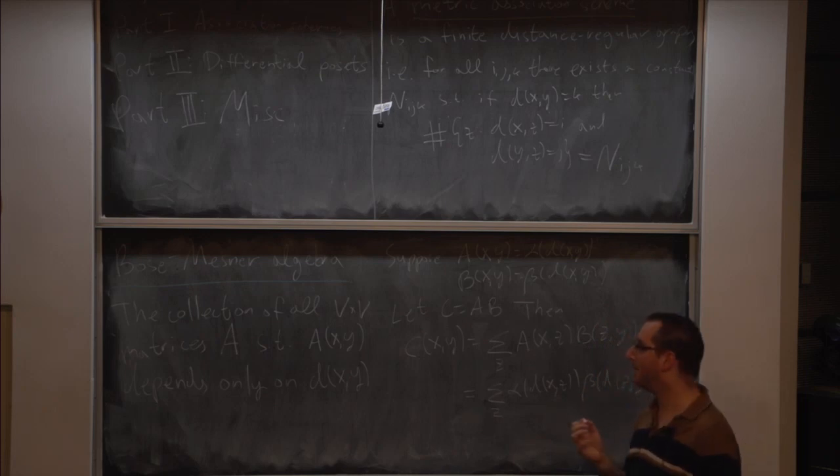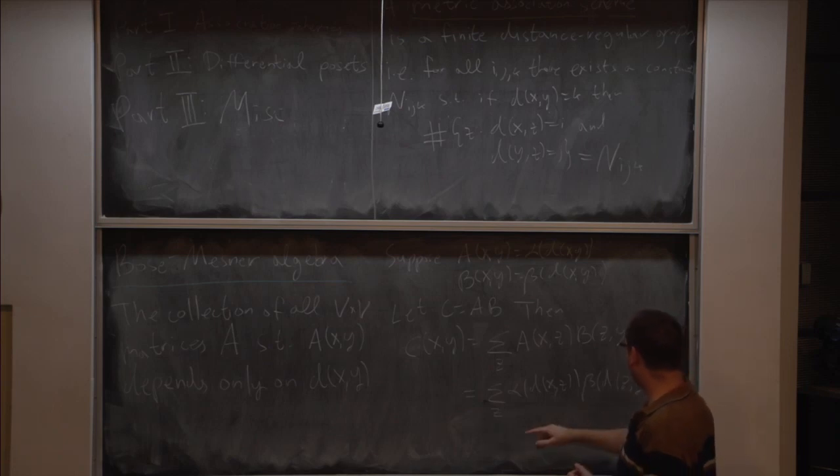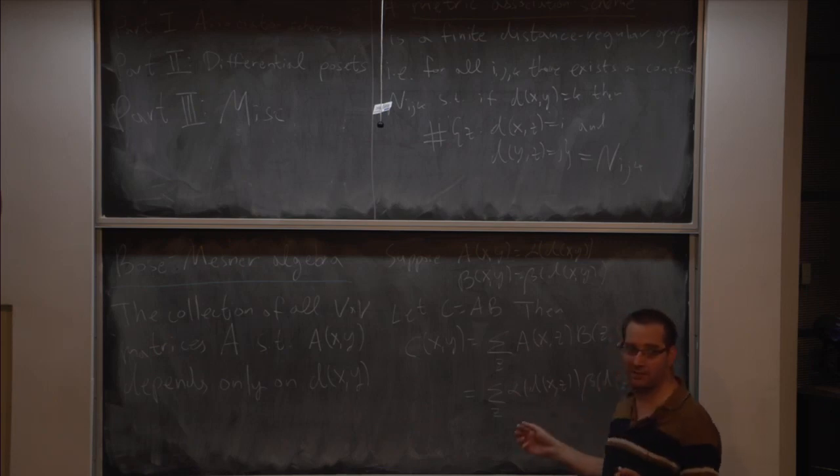Now, because this is a strongly regular graph, I know exactly how many terms of each kind I have. I only need to know the distance between x and y. So this thing depends only on the distance between x and y.